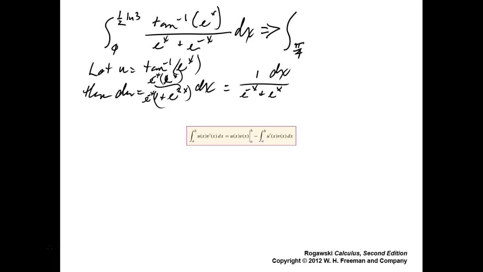Okay? Well, the first thing I would do probably is change that to log of 3 to the 1/2. In other words, the log of the square root of 3, right? That's another way to write the upper limit, right? Okay.